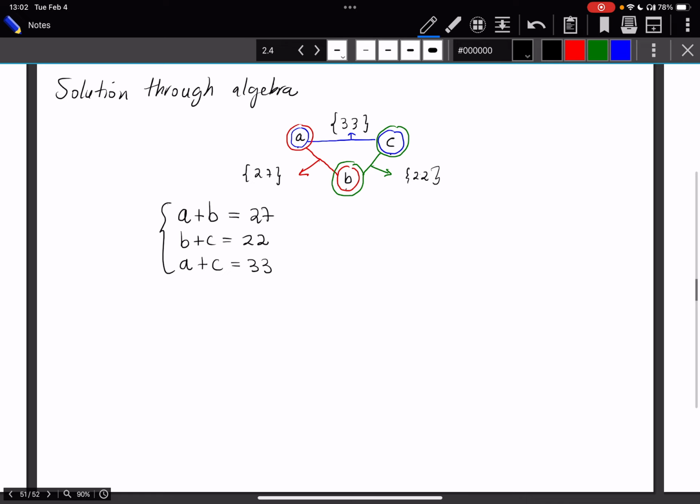Notice that once B was fixed, we could find A and C. We exploited that idea as we solved the problem through guessing and checking.